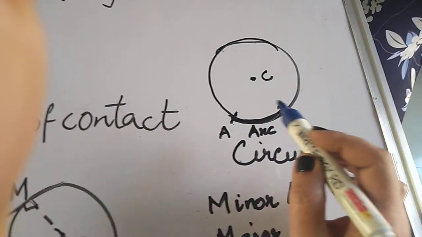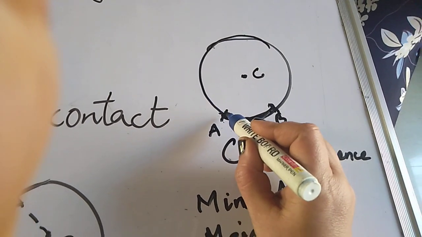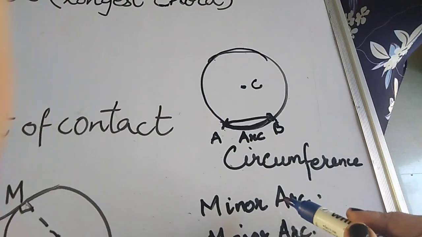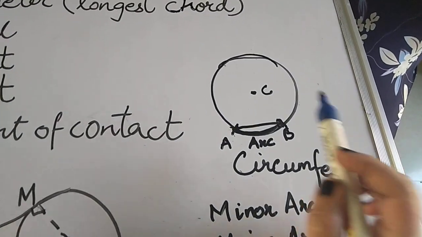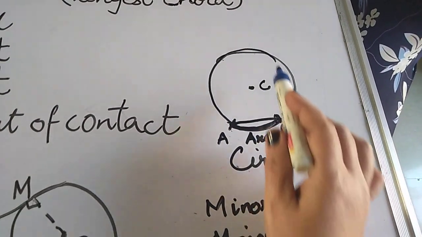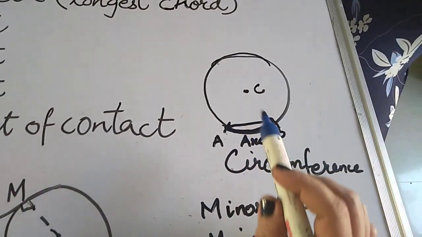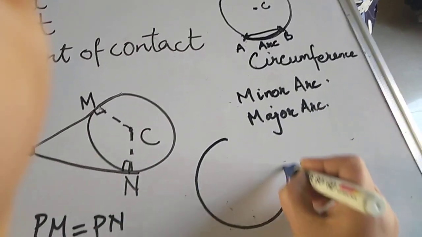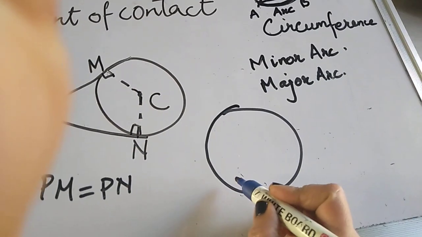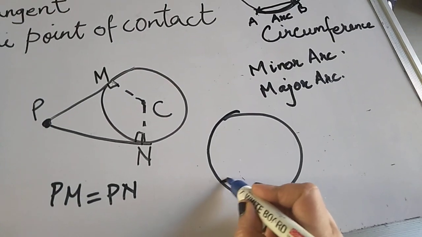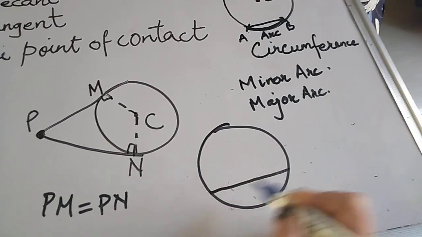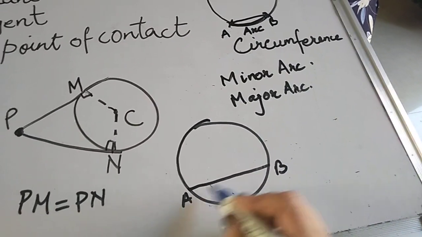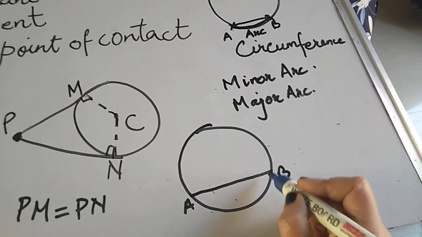Now suppose this is a chord AB. If I draw a chord, it divides the interior of the circle into two parts. Again I am drawing a fresh diagram. This is a circle, and I draw a chord AB. I hope the difference is clear: a chord is a line, whereas an arc is a curved path.